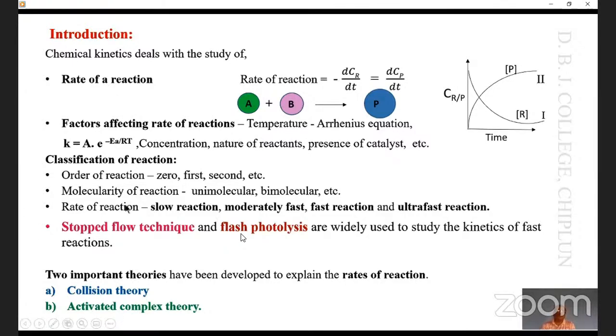Then the second order reaction. Whenever the rate of a reaction depends upon the concentration of two reactants, then we call that reaction as a second order reaction.